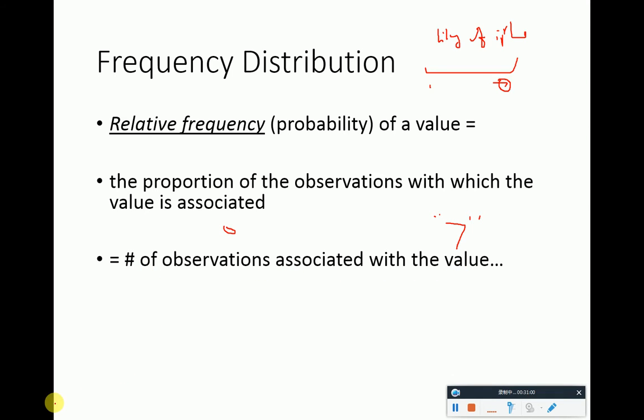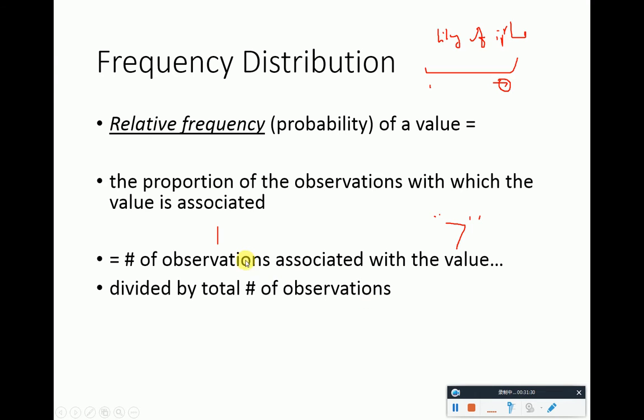Well, 0 is not interesting at all. So let's imagine that actually there is one person, right, who scored 7. So the number of observations associated with the value 7 is 1. But then the next thing we need to figure out in order to calculate relative frequency is what is the total amount of observations?